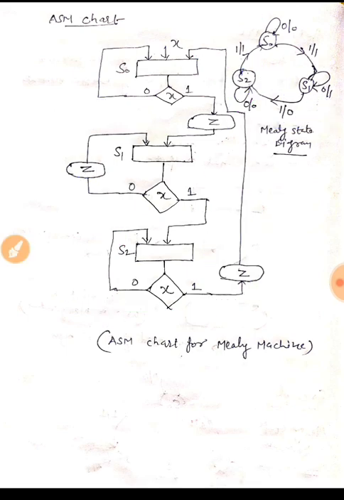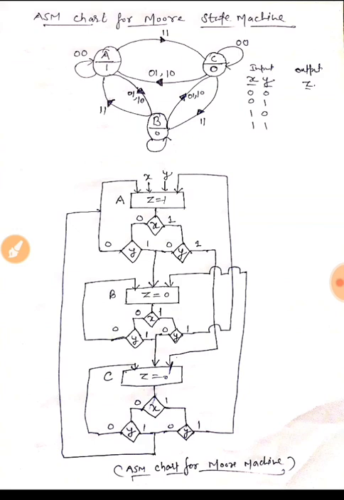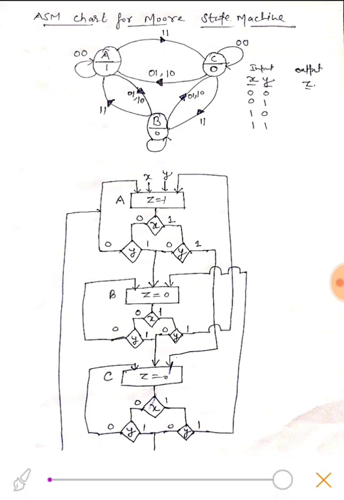Now let's see one more example for a Moore state machine. How can we draw an ASM chart for a Moore state machine? We are given a state diagram of the machine in this example.